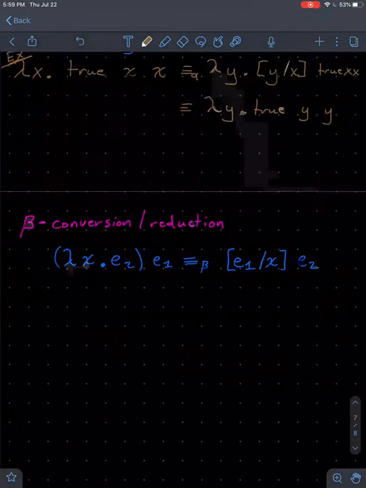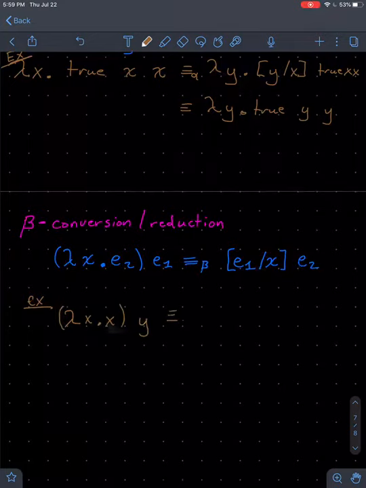An example of this, say for lambda x dot x on y, would be y subbed in for x in x, which then further reduces under substitution to just y.